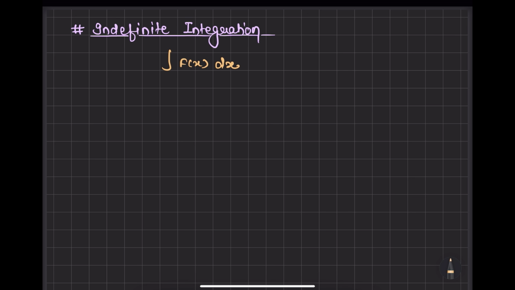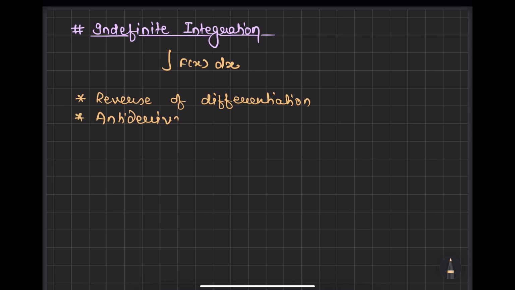Like suppose that you know that this is indefinite integration. We call this chapter by some different names as well, like reverse of differentiation. So it is the opposite of differentiation, or you can also say antiderivative.